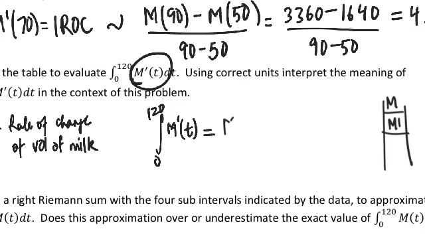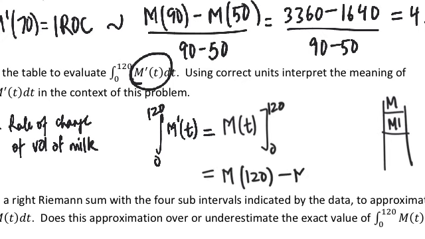So if I were doing this, I would be doing m of t and then evaluating at the top and the bottom. I would get m of 120 minus m of 0. So we're again seeing that the area under the m prime curve is the net change in the m curve from 0 to 120.